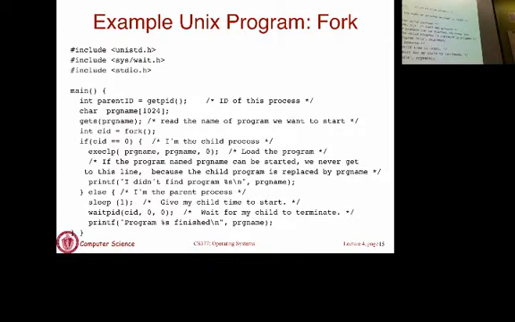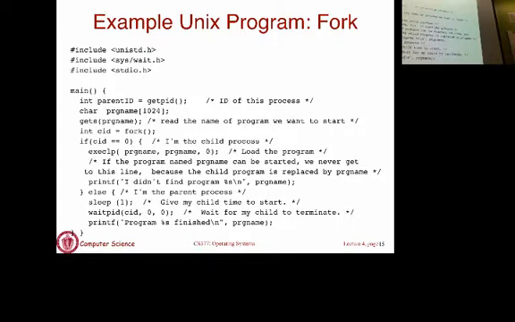So the code for the child you put here, and the child is going to begin executing the if part. In the parent, i is not 0, so this condition is not true, and the parent will start executing the else part.